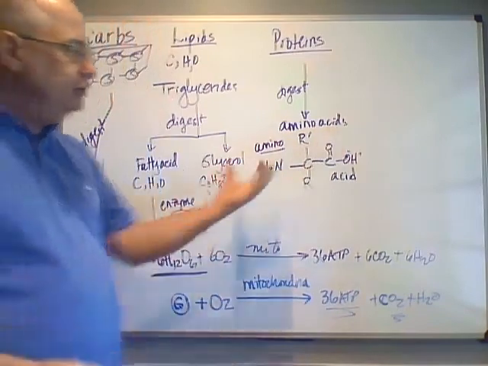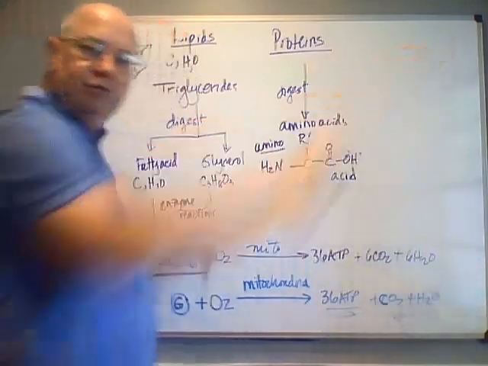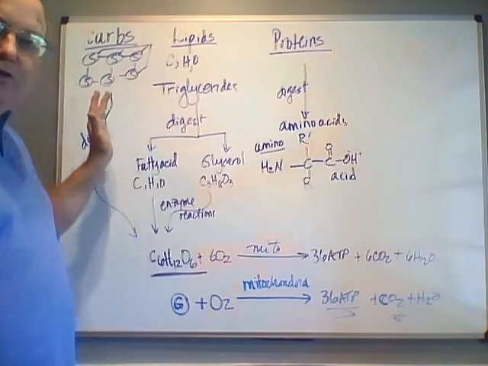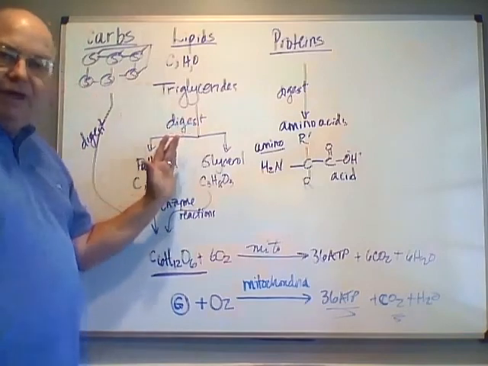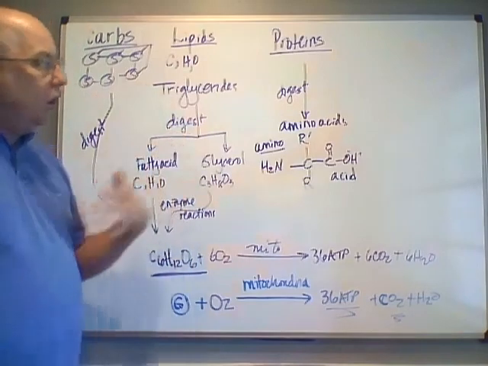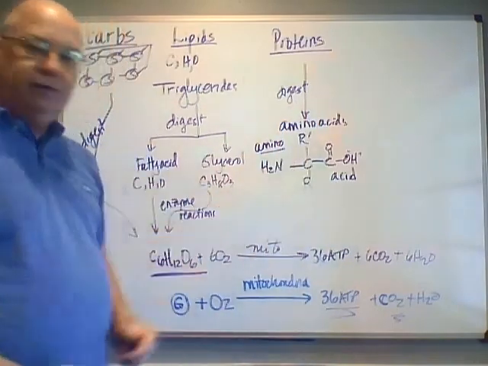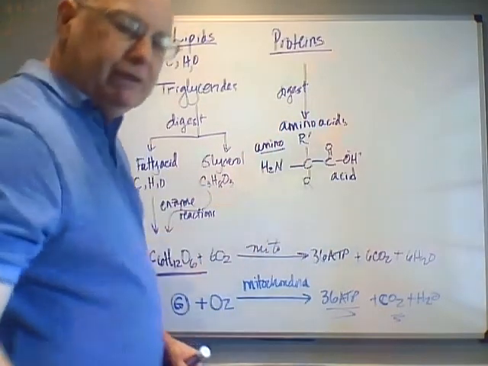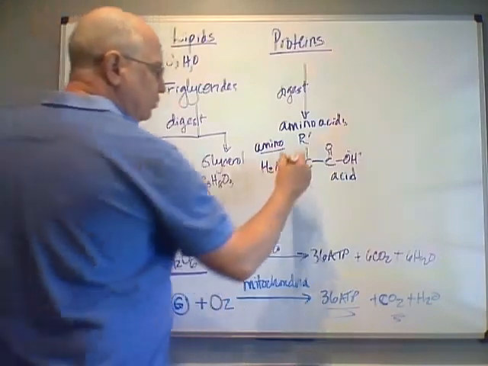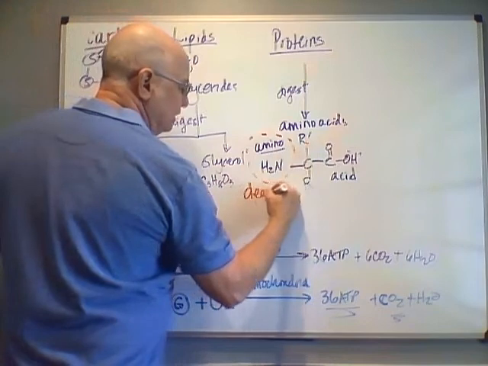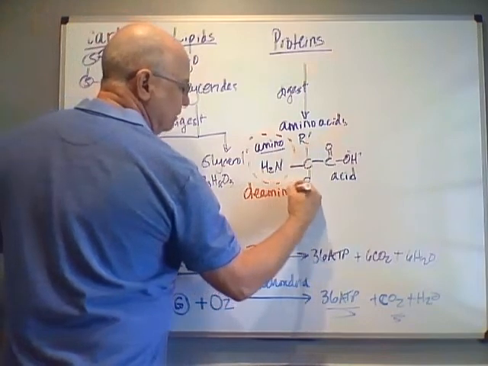Now, I want to use this and stick them together to form new proteins. But if I'm out of energy, if I've burned up all my sugar, I've burned up all my fat, rather than die, our body will start to digest muscle and proteins. It'll break down protein and convert it into energy. One of the big deals in this process, though, is we have to remove the amino group. We say that is to deaminate.